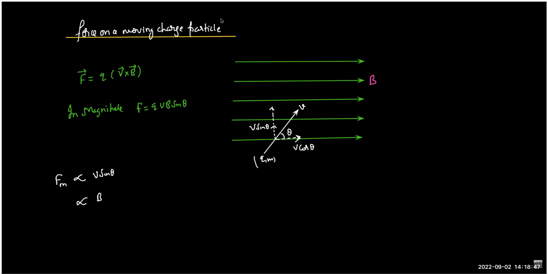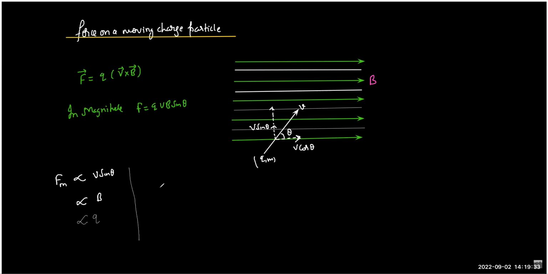If I draw more field lines here, you will end up intercepting more and more field lines, isn't it? So when we say B is larger, it means the field density is very high in the given space, and then definitely the force is going to be bigger. And of course, it will depend on the magnitude of the charge itself.